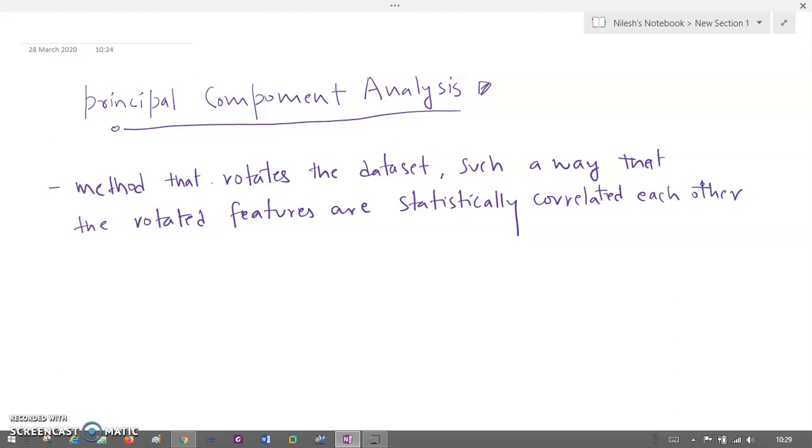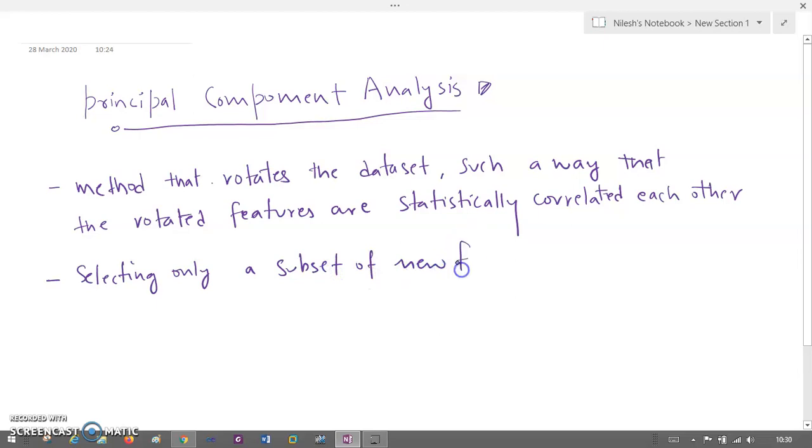Okay, so what it concludes is that it selects only a subset of new features. How are we getting these new features? With the help of projection.